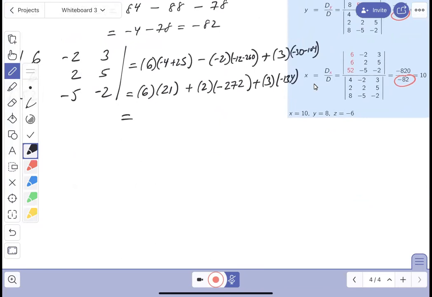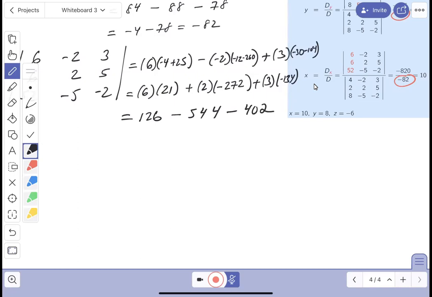And 6 times 21 is 126. We'll check later. Boy, it's going to be a tough one, isn't it? Minus 400, minus 540, minus 544. I'm just going to do that again in my head. 400, 540, 544. I feel pretty good about that. Minus, oh boy, it's going to be a tough one. What do you get there? 300, 390, 402.